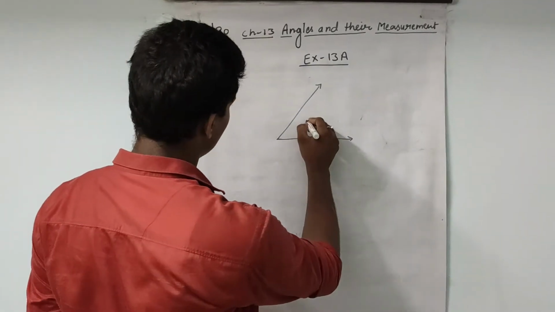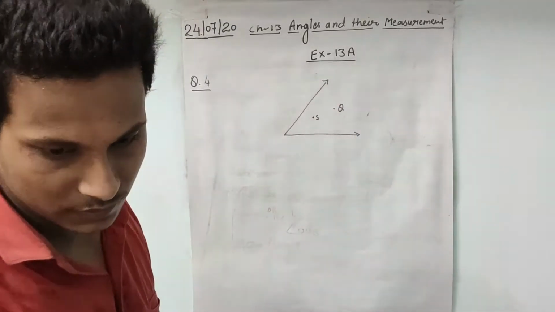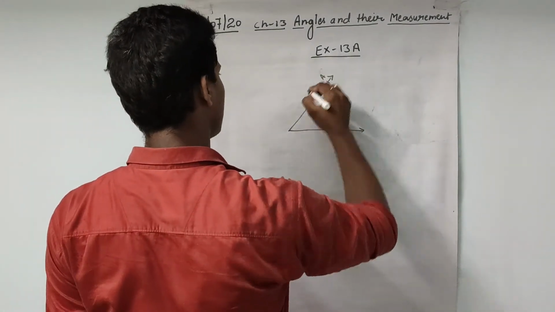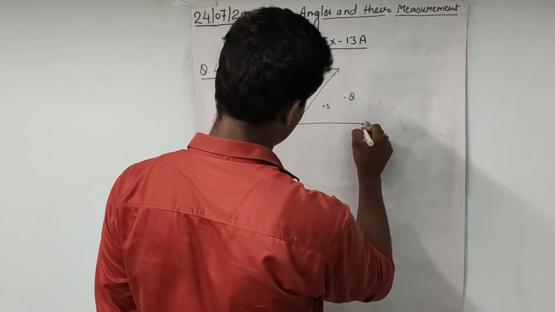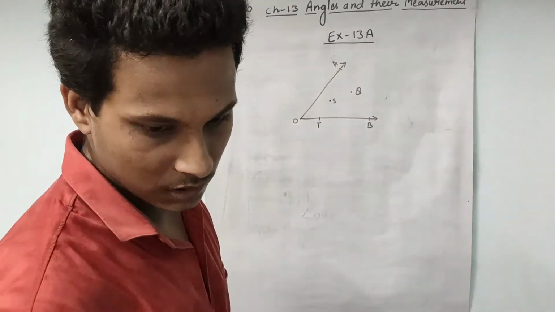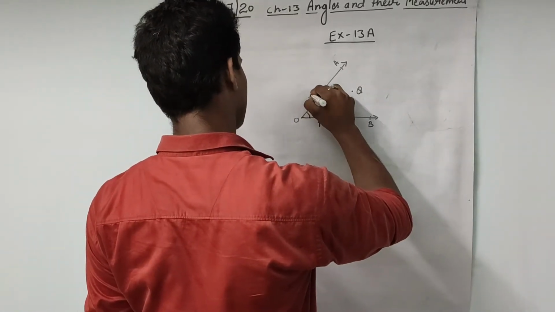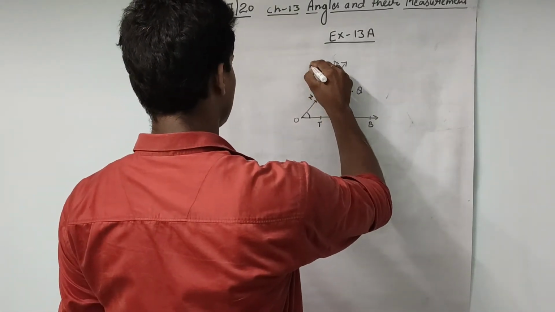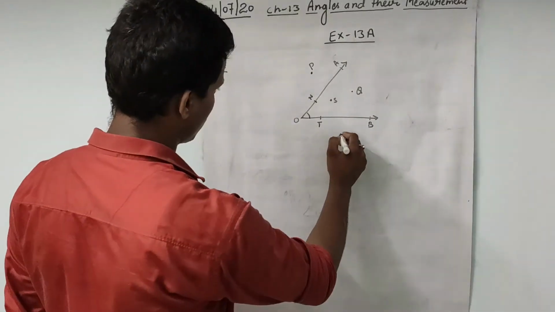This is the point S, this is the point Q. AOB is the angle, then point T is on the angle. After that point N is there, this is on the angle. The outside points are P and R.